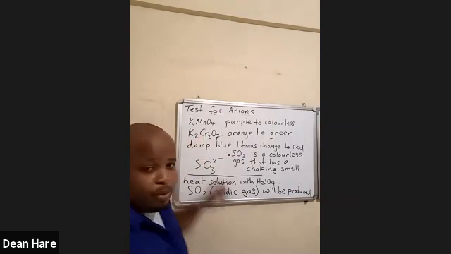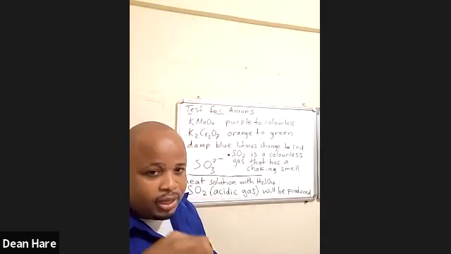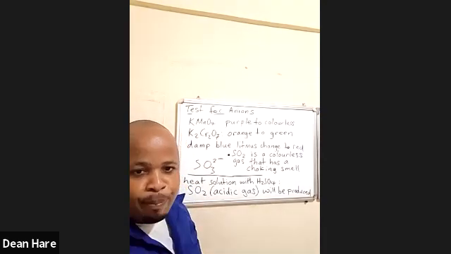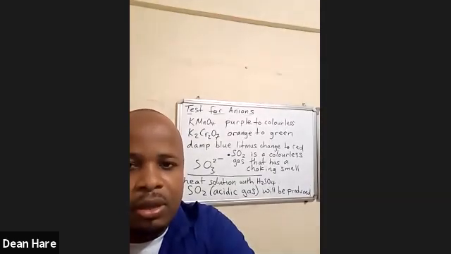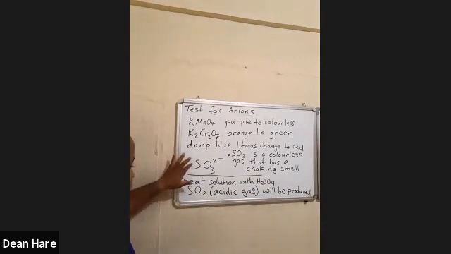For the dichromate, we will get a piece of filter paper and dip it in the solution of potassium dichromate, and then allow the gas to pass over it. So this is for the sulfite ion.